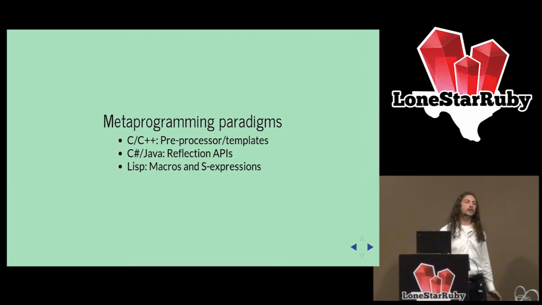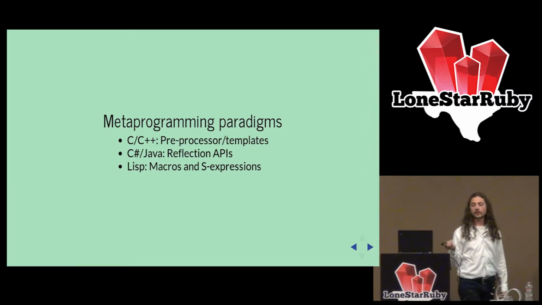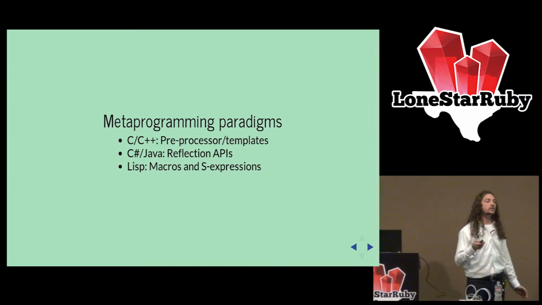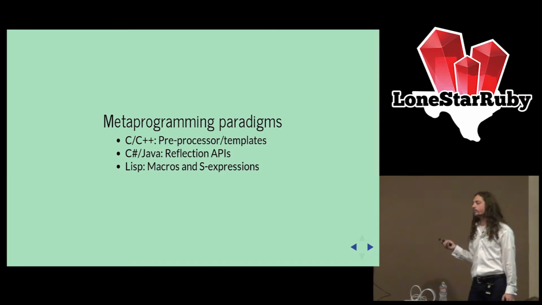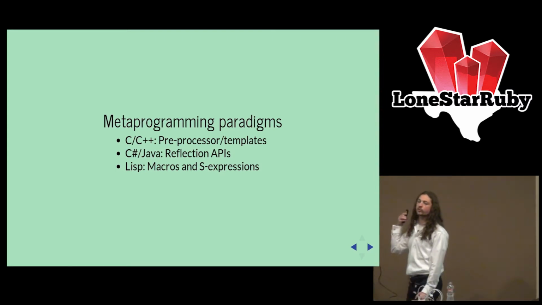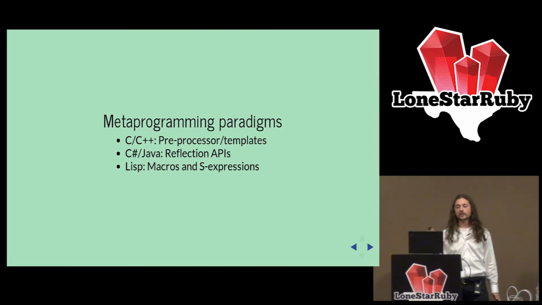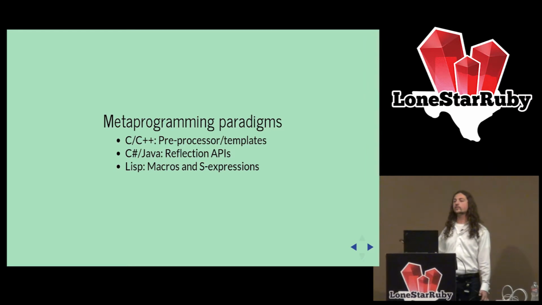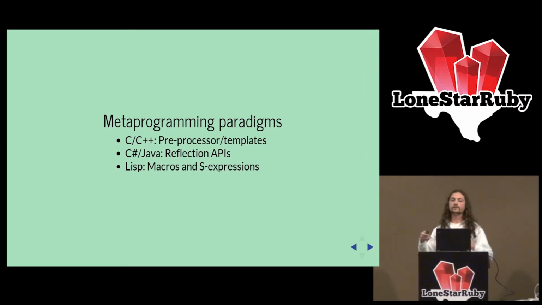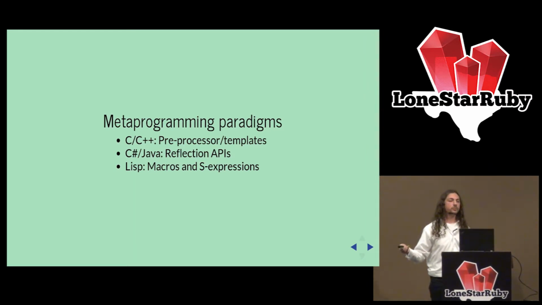Of course, you can metaprogram in lots of languages. In C and C++, you did it with preprocessor macros or with template metaprogramming. C# and Java have elaborate reflection APIs. And then, of course, Lisp is legendary for the kind of metaprogramming you can do with macros.